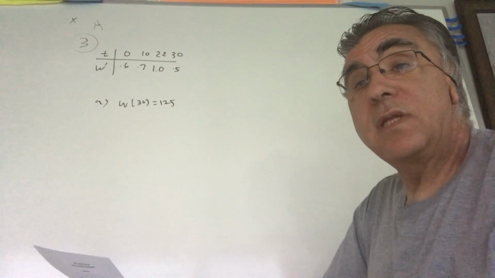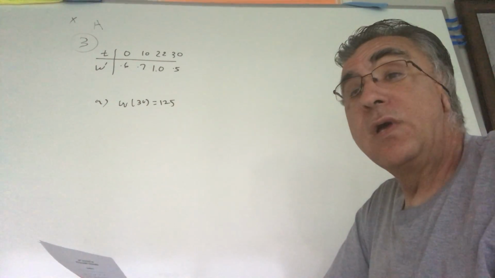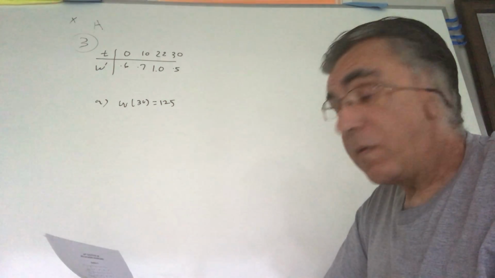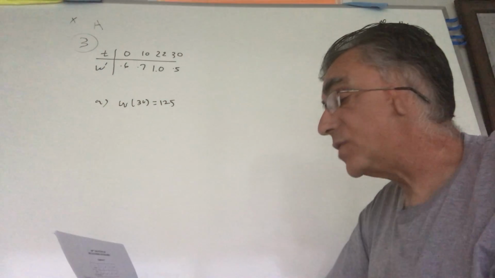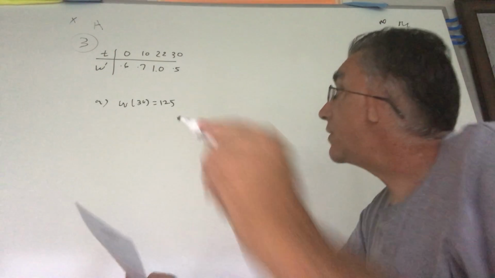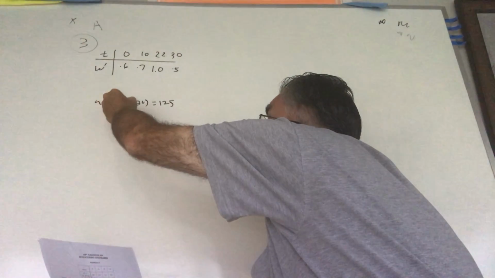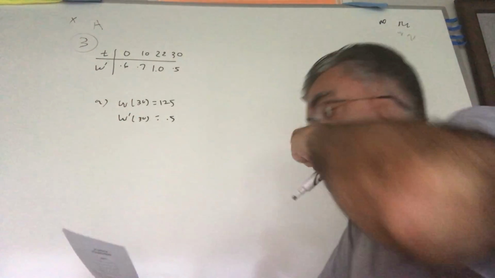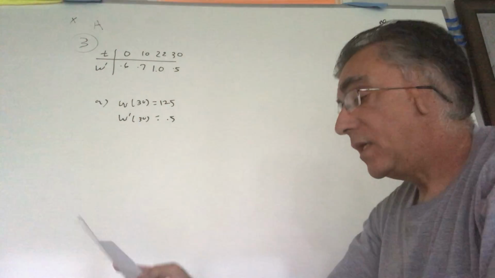And so we're told that W of 135 is 125. And then we can use the chart to figure out that the derivative at 30 is 0.5, right there on your chart.